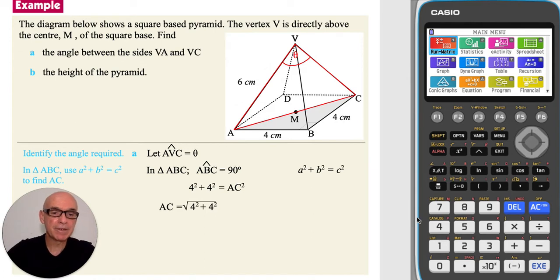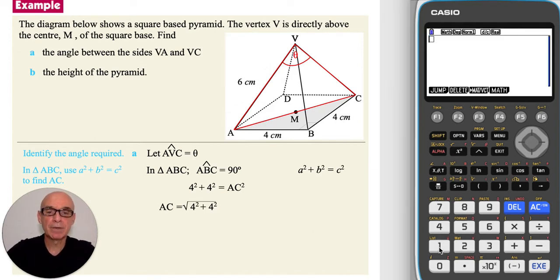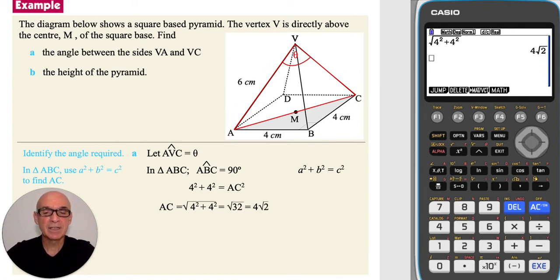So from the main menu, selecting Run Matrix, pressing Shift to access the square root, and that's 4, pressing the squared button, plus 4, the squared button again, pressing Execute to perform the calculation. Gives AC equal to the square root of 32, which is equal to 4 square root 2.